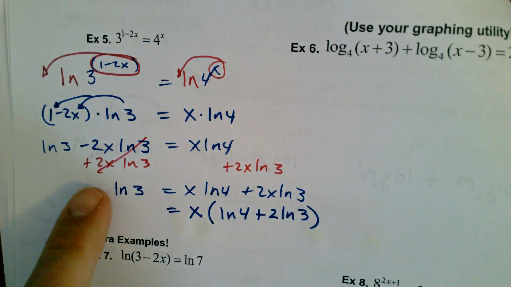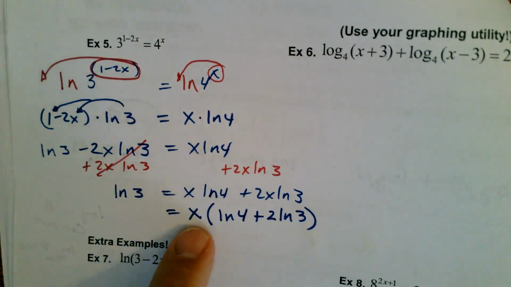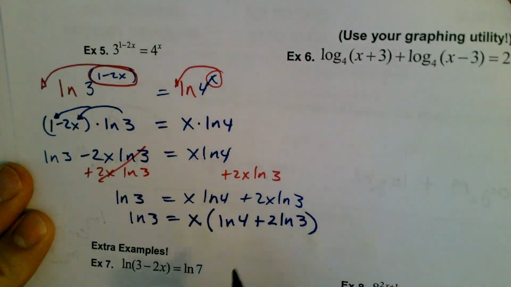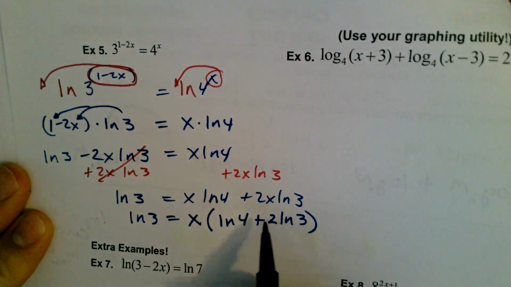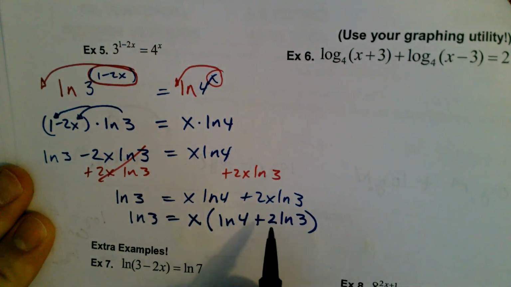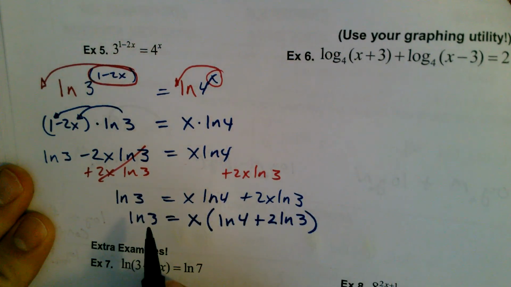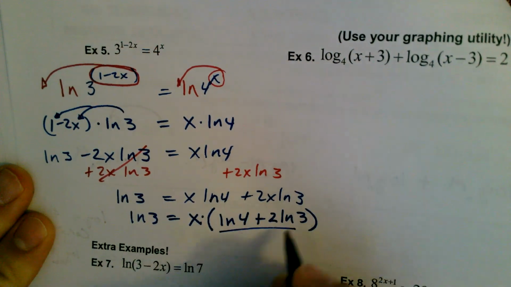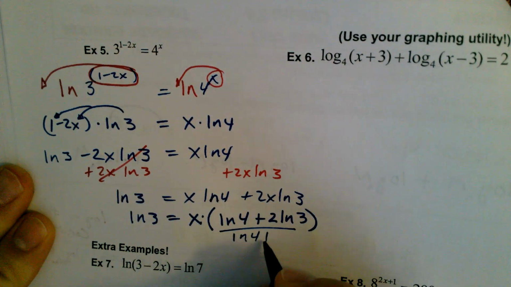Get your x's on the same side so that we can factor it out. And now this is just a number. I don't know what this is. It's some decimal. If I typed in the natural log of 4 plus 2 natural log of 3, I know it's a decimal. And now divide that over. This is x times that decimal, divide over this number here.